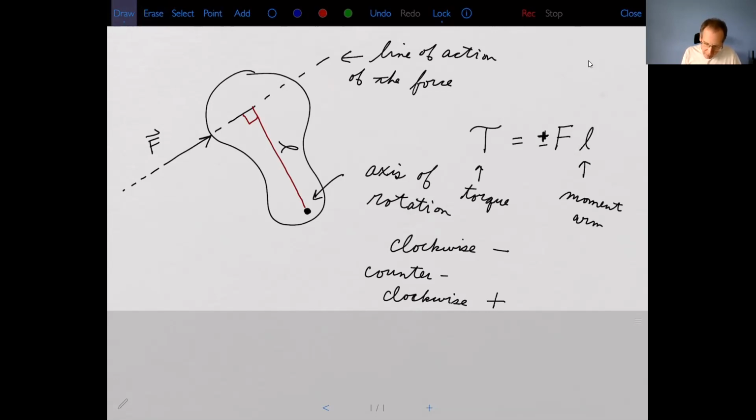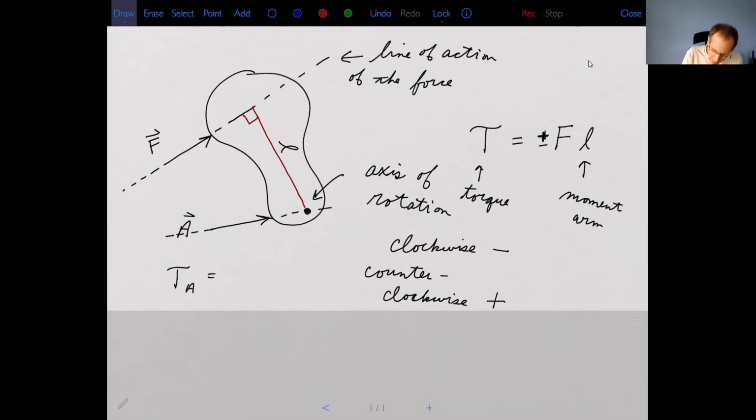Now, there's one other thing. What if I had a force, which I'll call force A, where the line of action goes right through the axis of rotation? What is the torque due to force A in this case? Well, remember, in general, the torque is going to be the force times the moment arm. There's certainly some magnitude of the force, maybe it's 100 newtons. But what is the moment arm in this case?